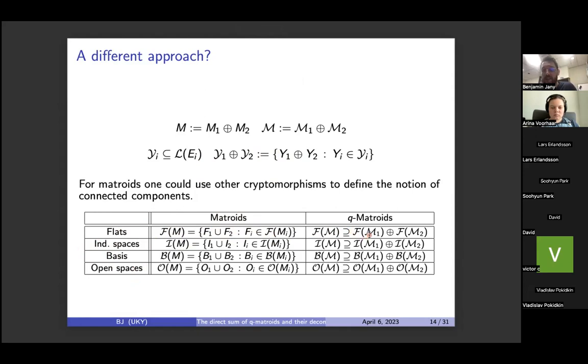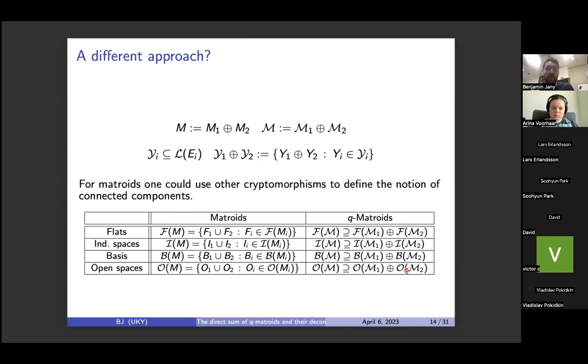You will always have that the sum of flats of each component will be a flat in the direct sum. However, in this direct sum process, we pick up additional flats. And so we cannot nicely write, or at least not that we know of, those types of spaces for the direct sum in terms of each summand.